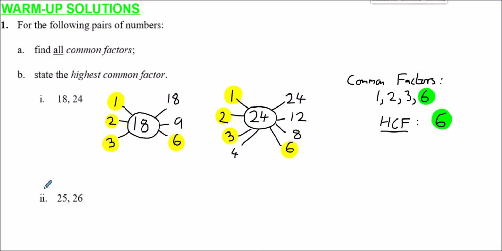Same thing for question 2. If you can spot the trick here straight away, that's a bonus. But I'll do it the long way. Factors of 25. We can divide 25 by 1, which is 25. We can't divide it by 2, or 3, or 4, but we can divide it by 5, which gives itself. That's why 25 is a square number.